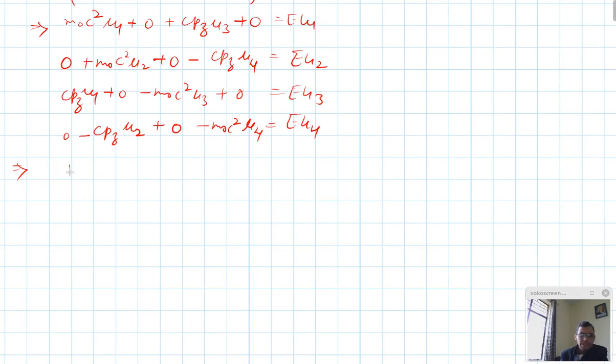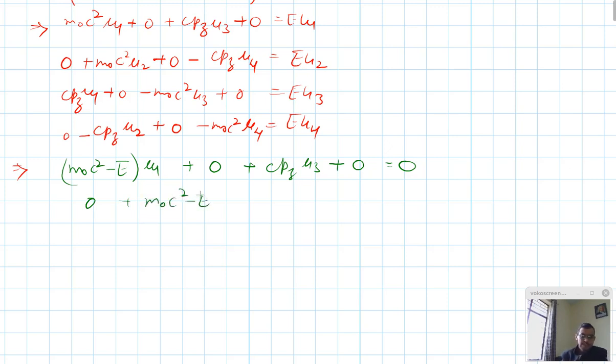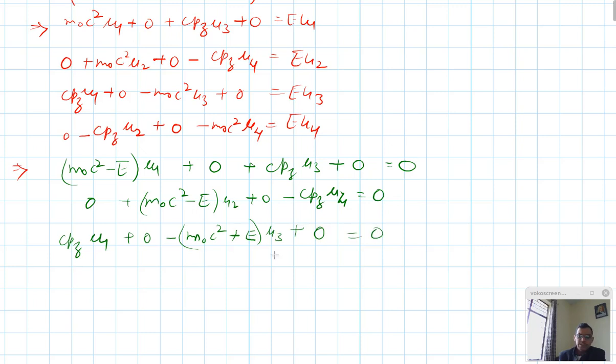So I can write down M naught C square minus E U1 plus 0 plus CPZ U3 plus 0 is equal to 0, and it is 0 plus M naught C square minus E U2 plus 0 minus CPZ U4 is equal to 0, and here it is CPZ U1 plus 0 minus M naught C square plus E U3 plus 0 is equal to 0.